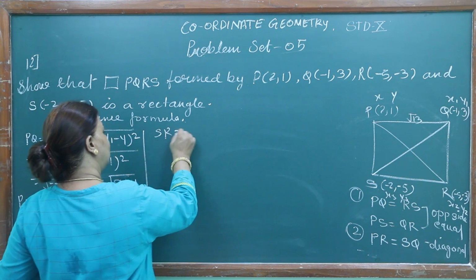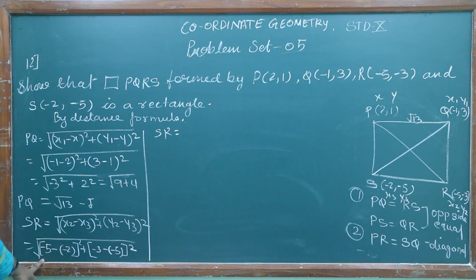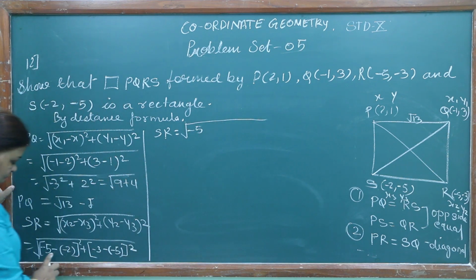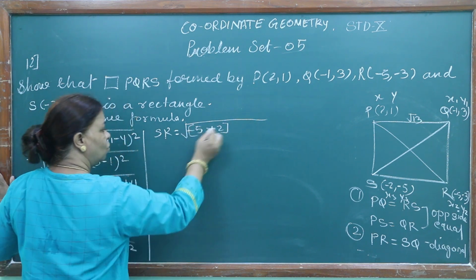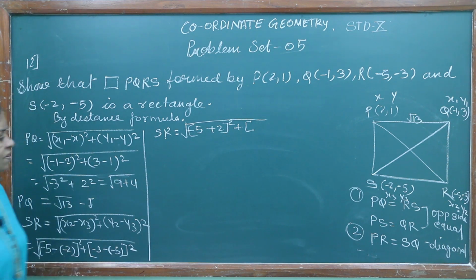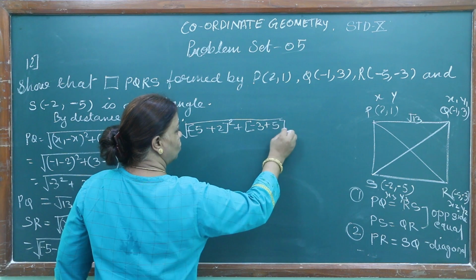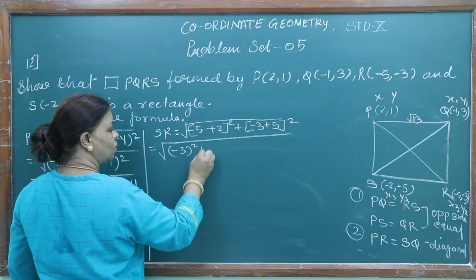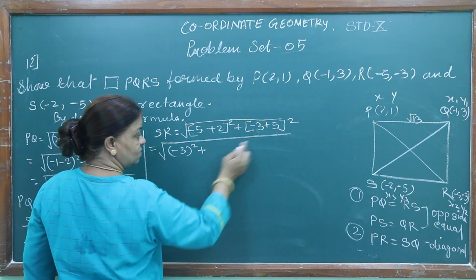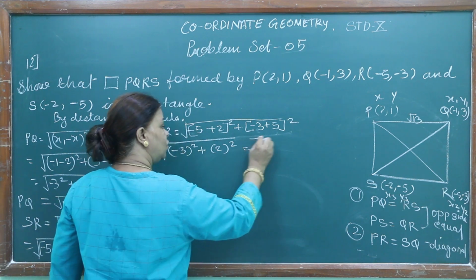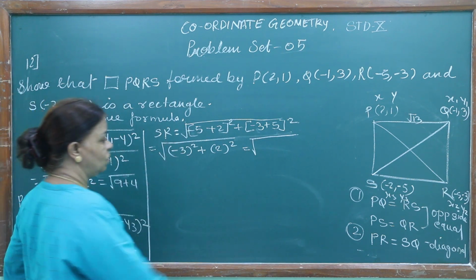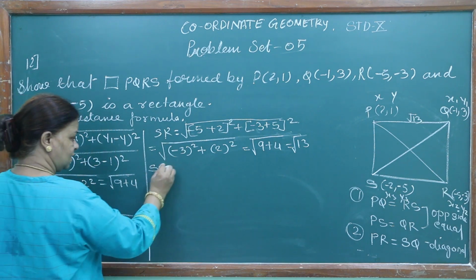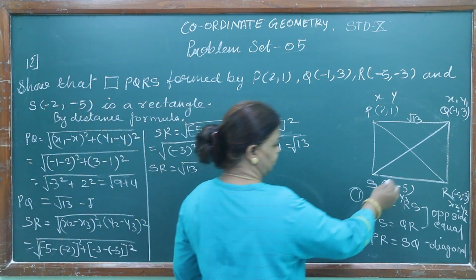Now SR is equal to under the root, minus 5 minus minus 2 will be minus 5 plus 2, that is minus 3, the whole square, plus minus 3 plus 5, that is 2, the whole square, which is equal to 9 plus 4, and 9 plus 4 is nothing but under root 13. So even SR we got as under root 13.